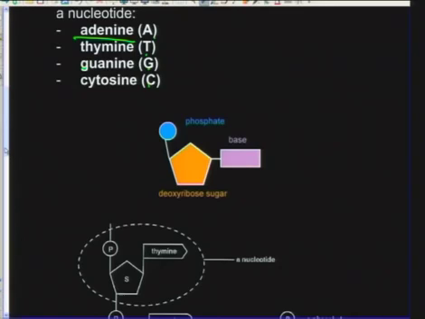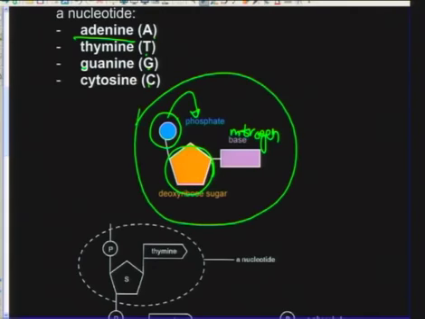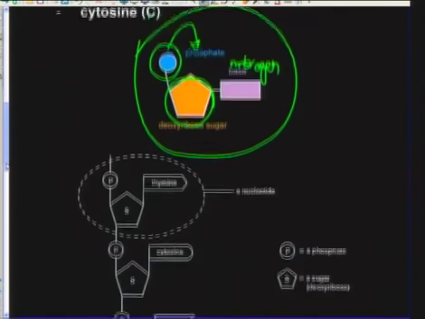There we have it. Phosphate, there, attached to a deoxyribose sugar, there, and that is attached to a nitrogenous base. This represents one nucleotide. Now let's look at that in a molecule.